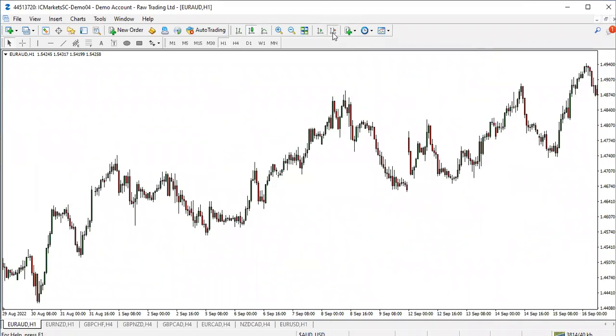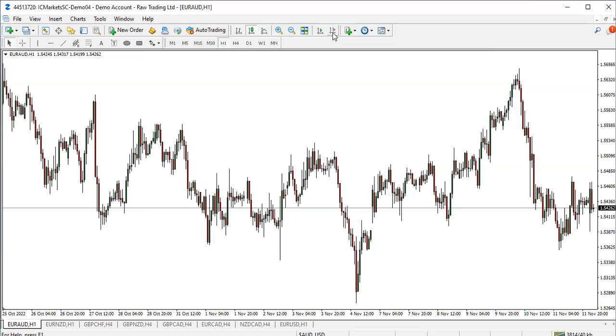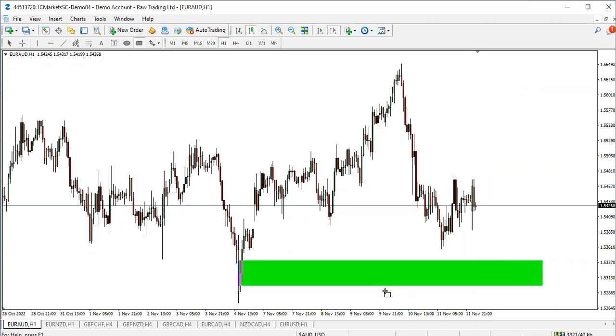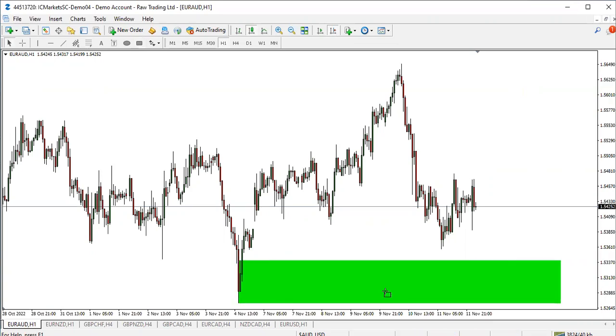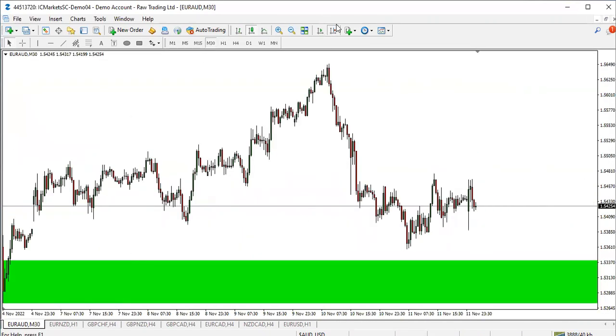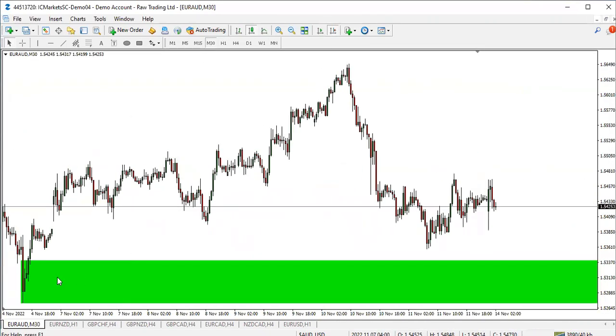So on the H1, for a buy, I'm looking at having the pair get to this zone.